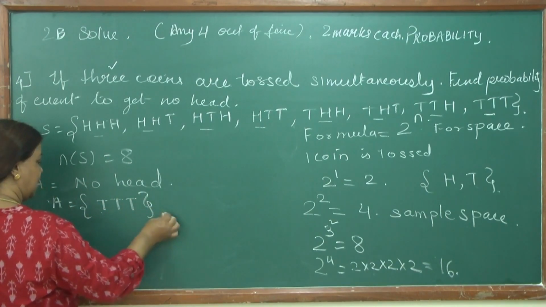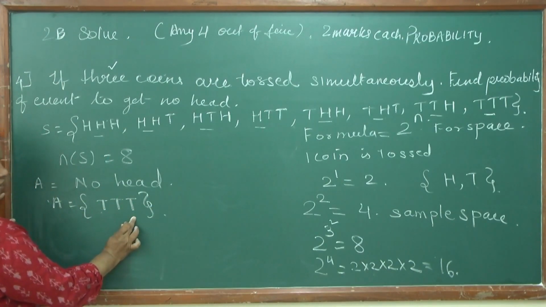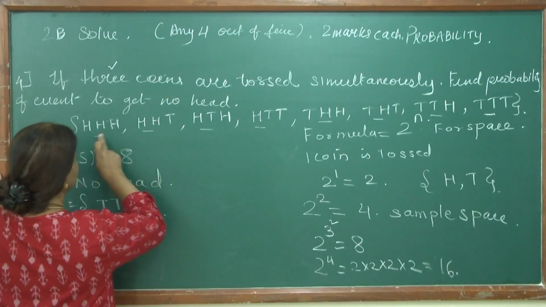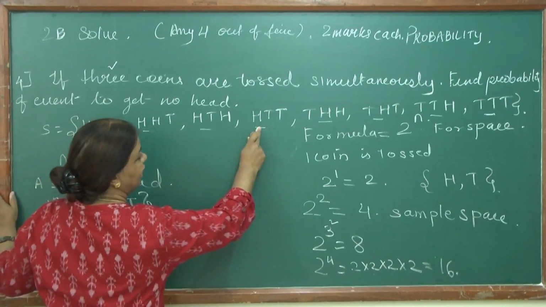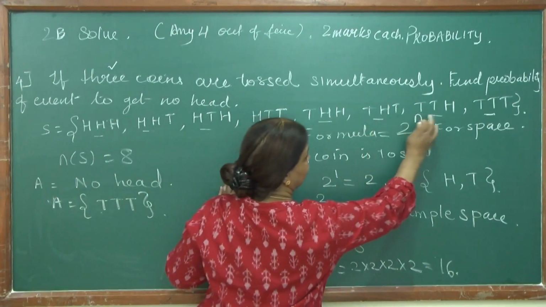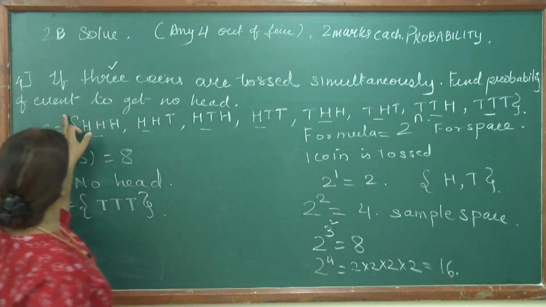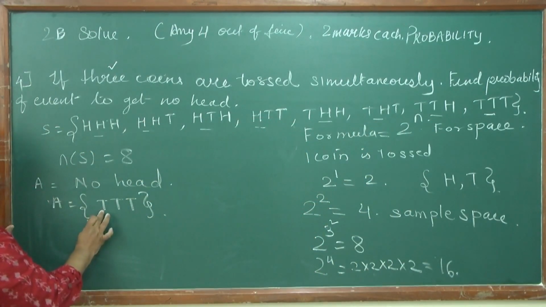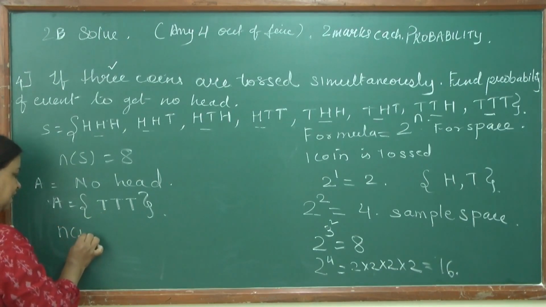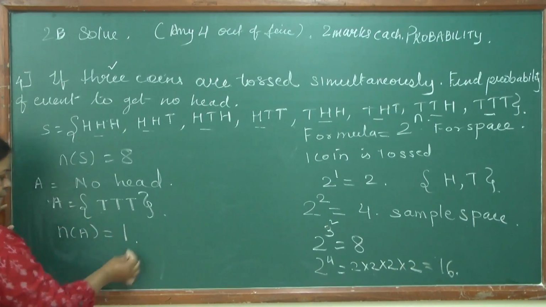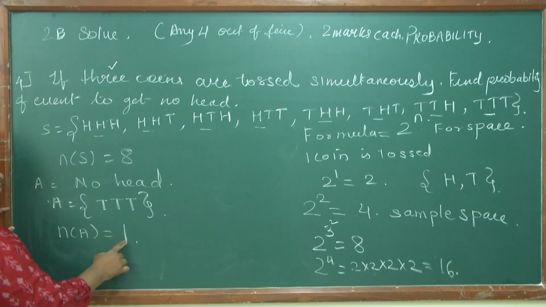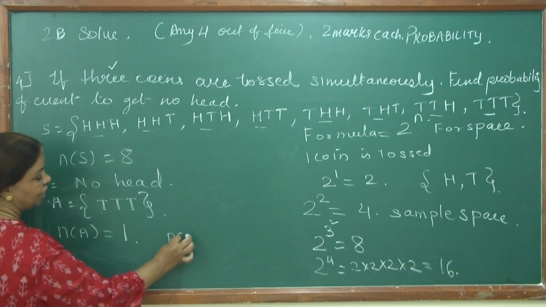A is the event of getting no head. No head means tail. So the number of elements in A is equal to 1. If the number of elements in A is 1, what is the probability of A?